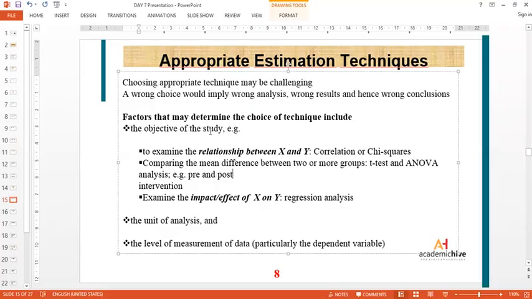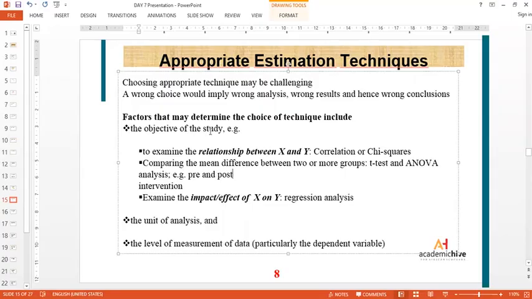So you are not examining the relationship between male and female, or the relationship between male and response to COVID. You want to see the difference between male response to COVID treatment and female response to COVID treatment. Then, since there are just two groups here, it is the t-test.